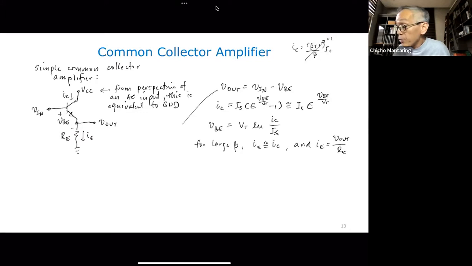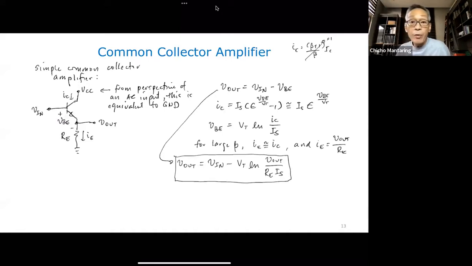Therefore, from this equation, what is V out? V out is equal to V in minus VT ln of I sub C, but I sub C is approximately equal to I sub E. So I have V out over R sub E times I sub S. So this is an equation that relates V in to V out.